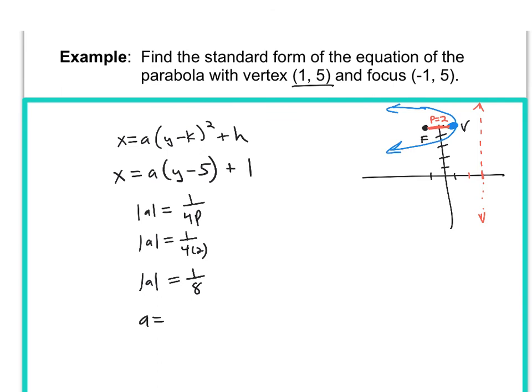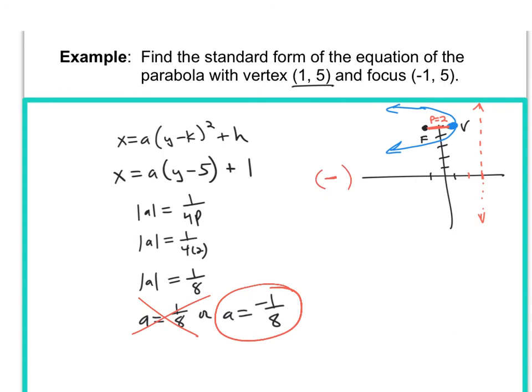That means a has to equal 1/8 or a has to equal negative 1/8. So which is it? Well, if you look at this parabola, it's opening towards the negatives. So I'm going to need to use the negative value for a, not the positive, because it's opening towards the negative end of my graph.